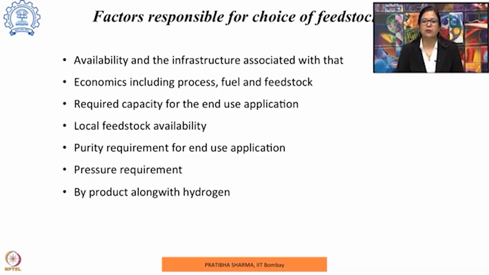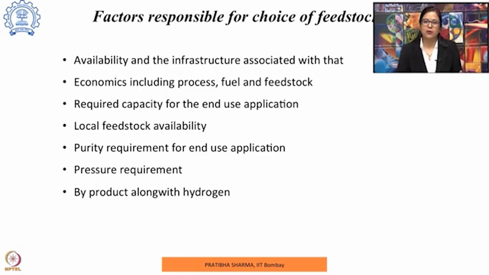It also depends upon the pressure requirement for that particular application, because we know that compression of hydrogen requires energy and a compressor. So, if the production unit supplies hydrogen at a higher pressure, that would be a preferred choice.